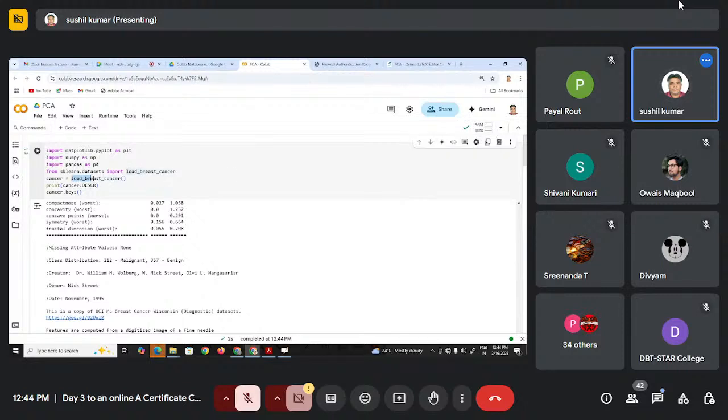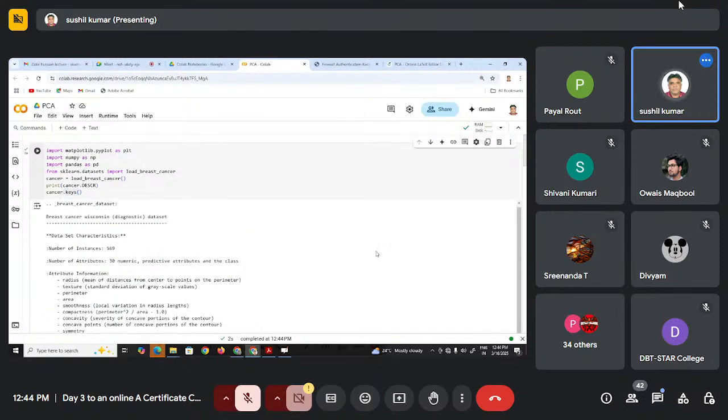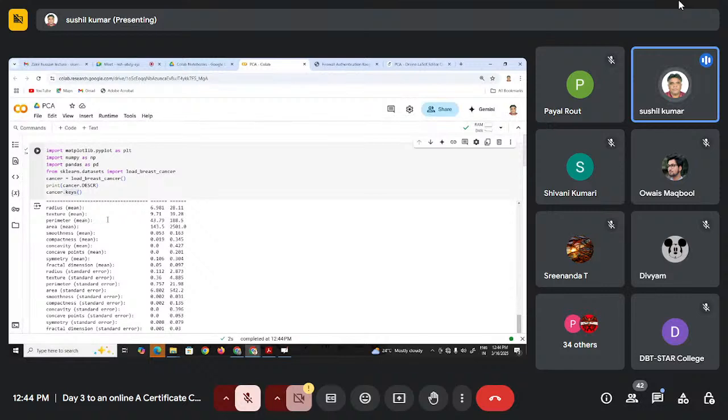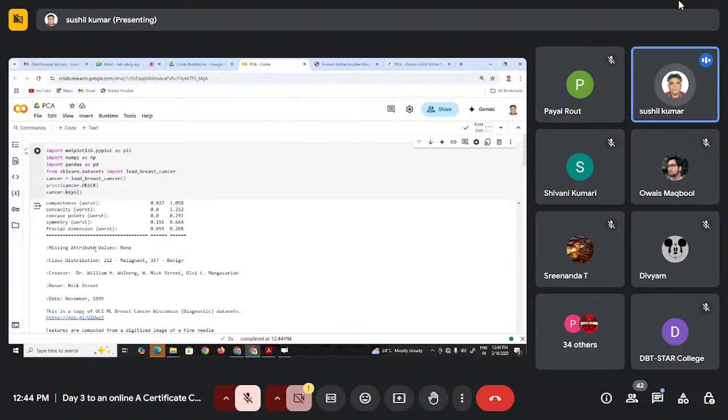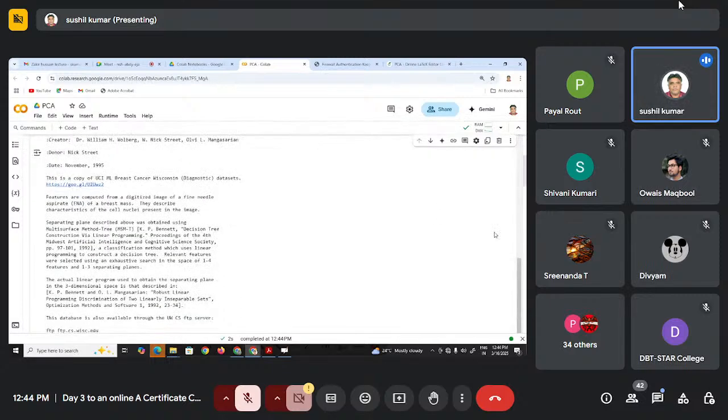I got this data, and here I'm printing the description of this data and keys. Everything is given there, radius, texture, all the details of the data set.